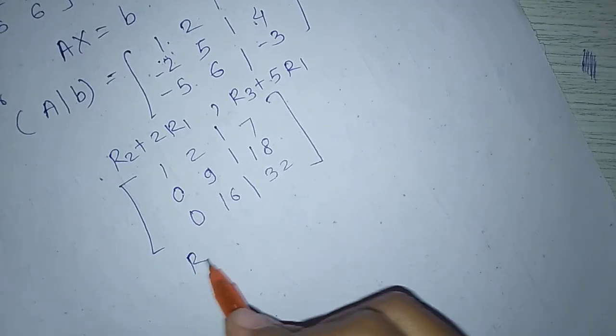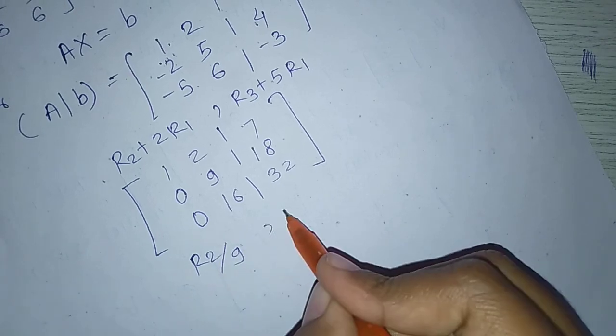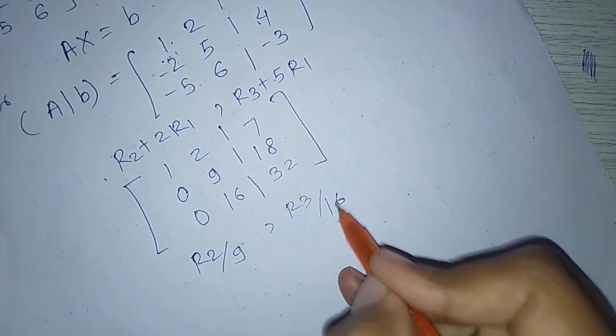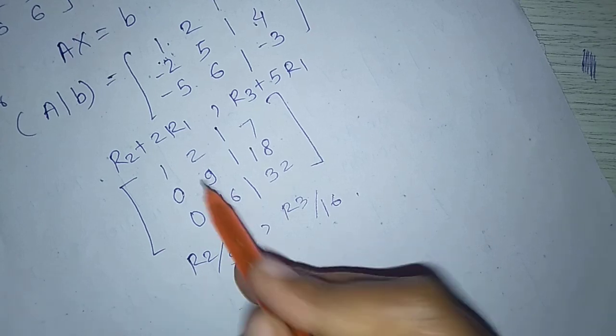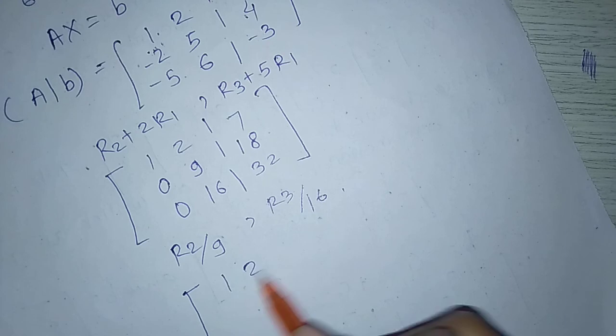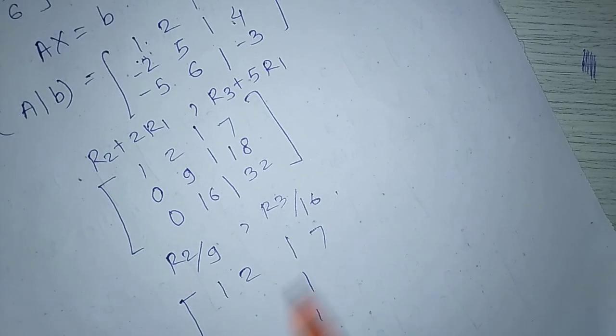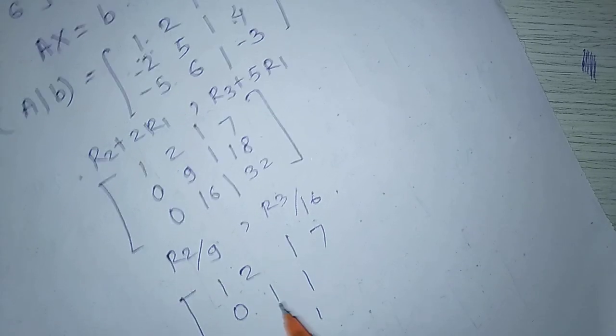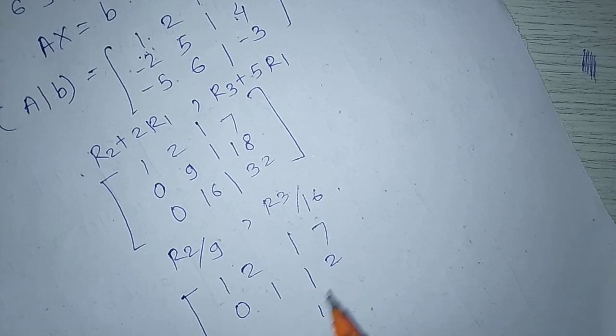Now apply the row operations R2 upon 9 and R3 upon 16 to make these two entries 1. First row as it is, second row becomes 0, 1, 2, third row becomes 0, 1, 2.